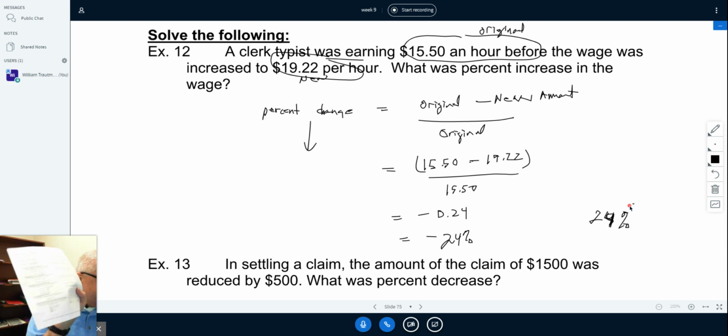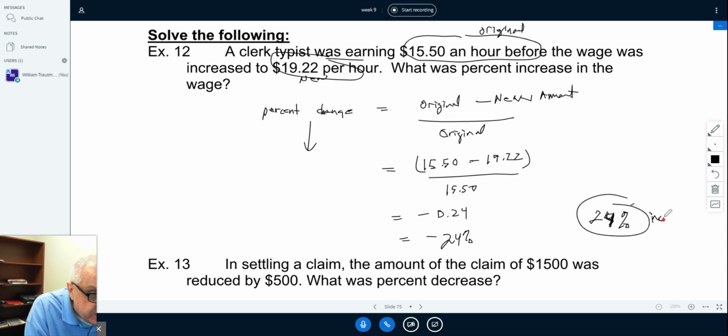It actually says that on this formula sheet. So if we have a negative, this is a 24% increase. We know it's an increase because it told us what was the percent increase. And we had 15. Now we're making 19. So it's definitely an increase.